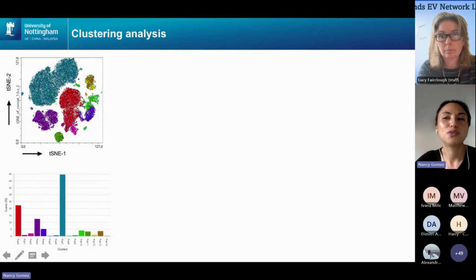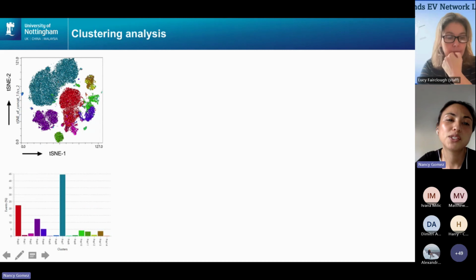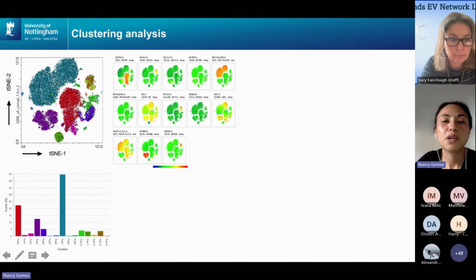In particular, population 7 was a very high population in the PBMCs, followed by population 0. Here we can see the different expressions of the markers in the clusters, and in particular the higher populations would have been our CD4 and our CD8 T cells. So they were clustered together.